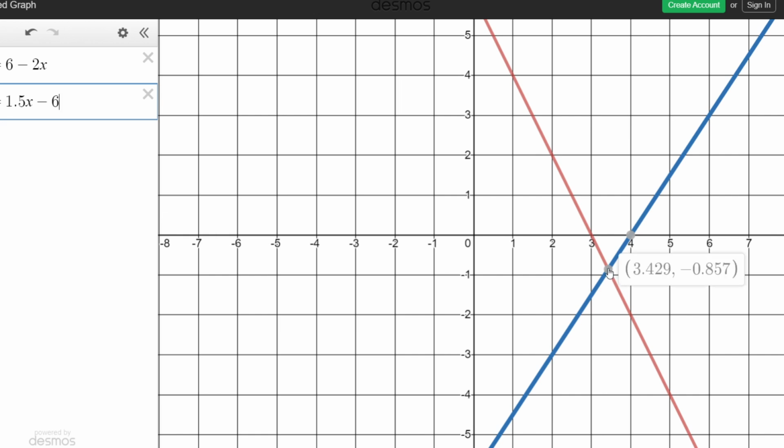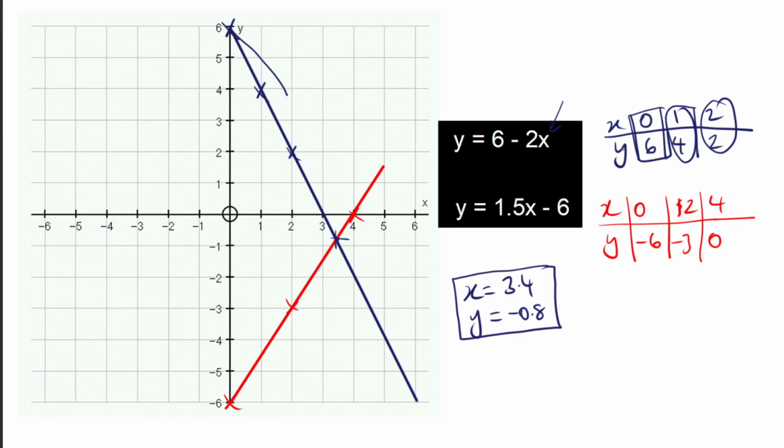So here we go. So yeah, you can see the actual solution is 3.4 and minus 0.8. This would actually round off to minus 0.9, wouldn't it? So we were pretty close, yeah? But it only needs to be an estimate if you're doing it from the graph, unless you're doing it on Desmos. Okay, so these are the types of ones that you're going to have to answer.